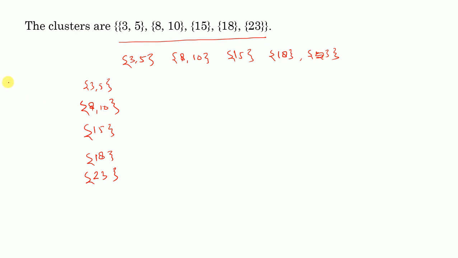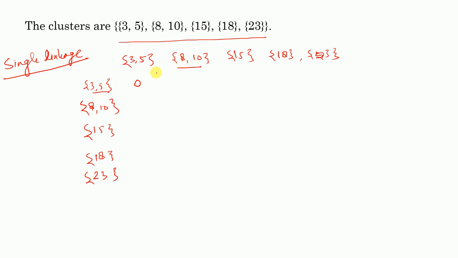Now look at this. I am using the single linkage method. Okay. It means I am calculating the minimum distance. This is 0. No need to calculate this distance because this is meaningless. Now where is 3 5 and this is 8 10.